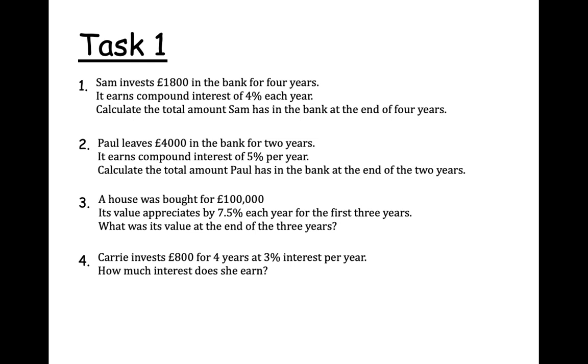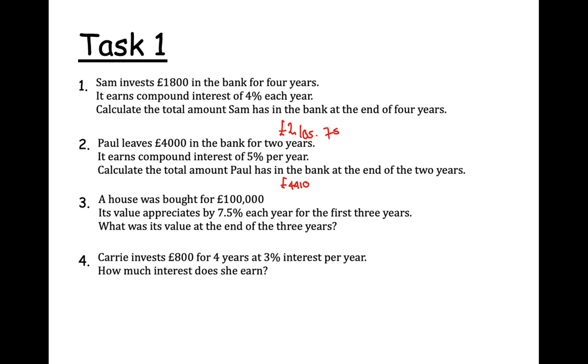Okay, so the answers to the following questions. For question 1, you should end up with an answer of £2,105.75. Supposed to be a 0. Question 2 would have been £4,410.